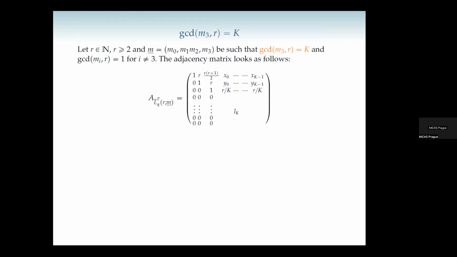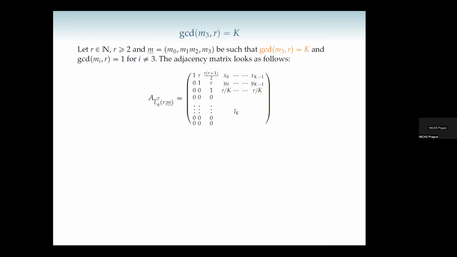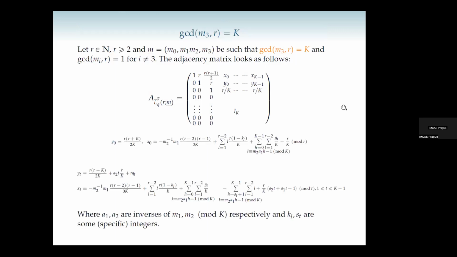The first part here looks nice, and we have this identity here, precisely because you don't have that these vertices here, the last ones, are related. So that's why you get identity here. Now the question is, what are this X and Y? And it looks like this.